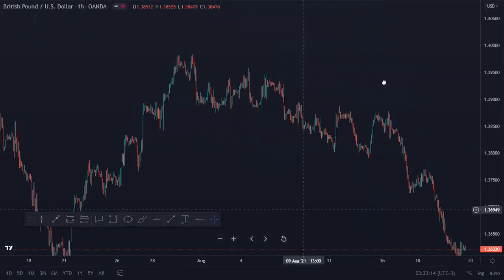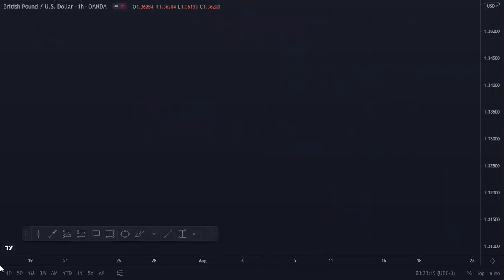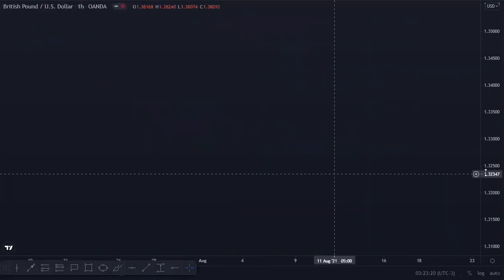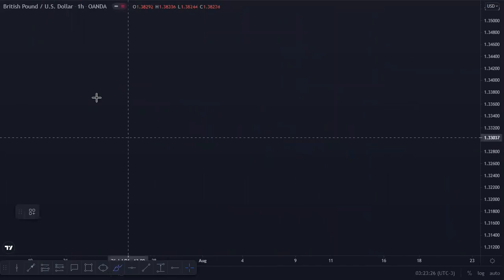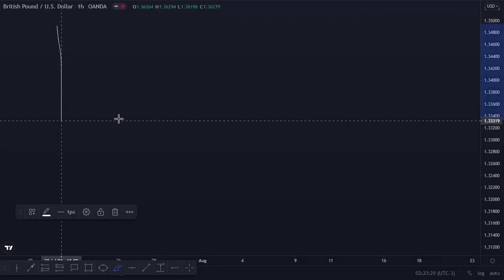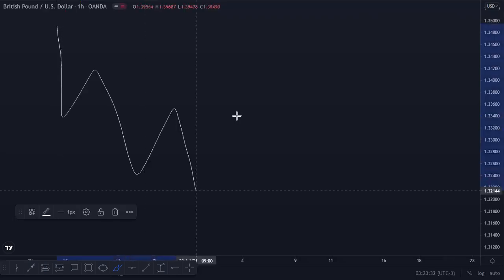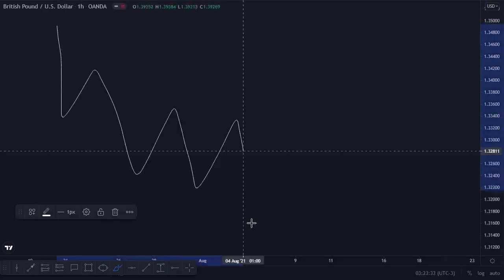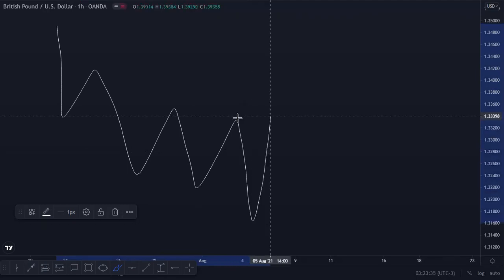There's something called new invalidation, whereby let's say we're in a downtrend, then price breaks our structure.